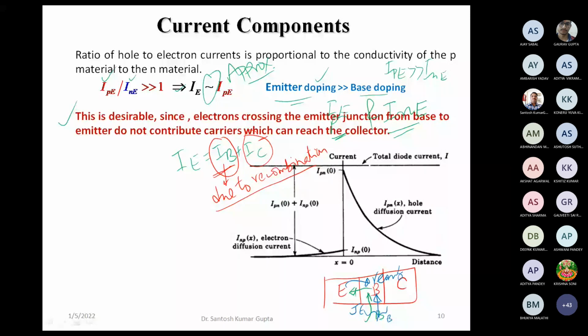So this total IB results at the emitter junction, because the emitter junction is forward biased. It is due to recombination and due to the injection of charge from the base into the emitter.